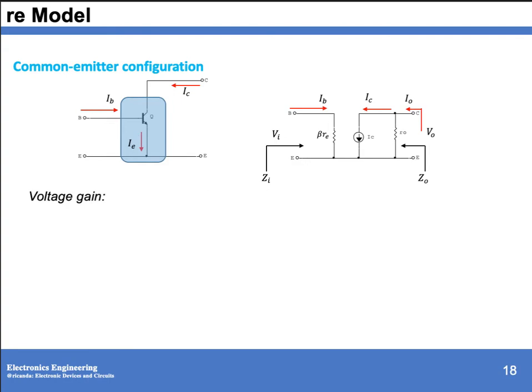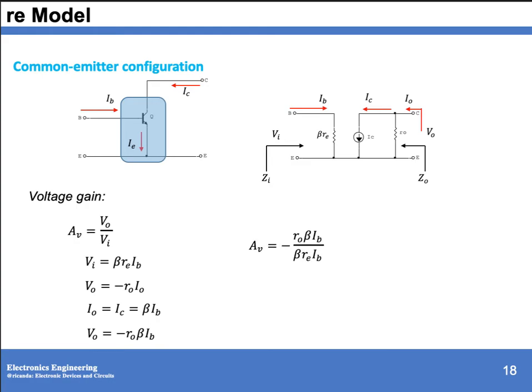For the voltage gain, which is BO over BI, BI is equivalent to beta RE IB, and BO is equal to negative RO IO, and IO is equal to IC, and IC is equal to beta IB. Therefore, BO is equal to negative RO beta IB. Substituting that into your voltage gain equation, we have negative RO beta over beta RE.